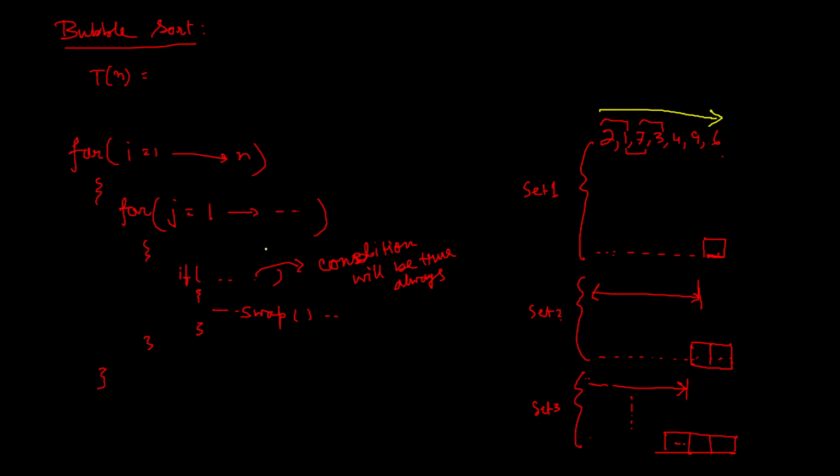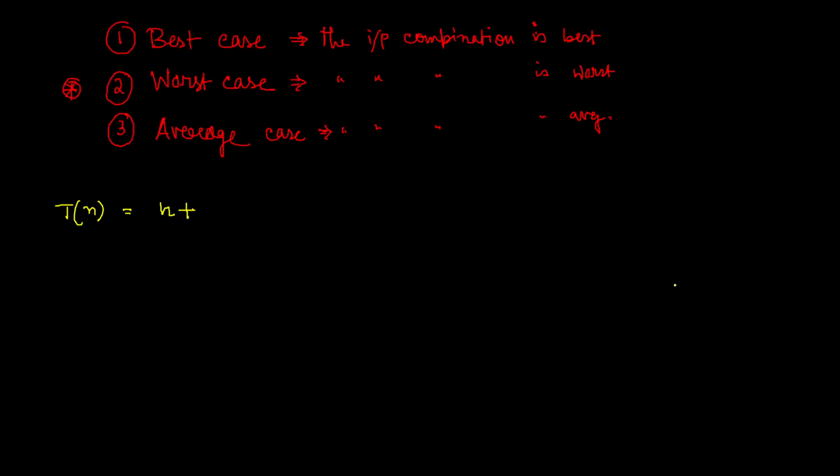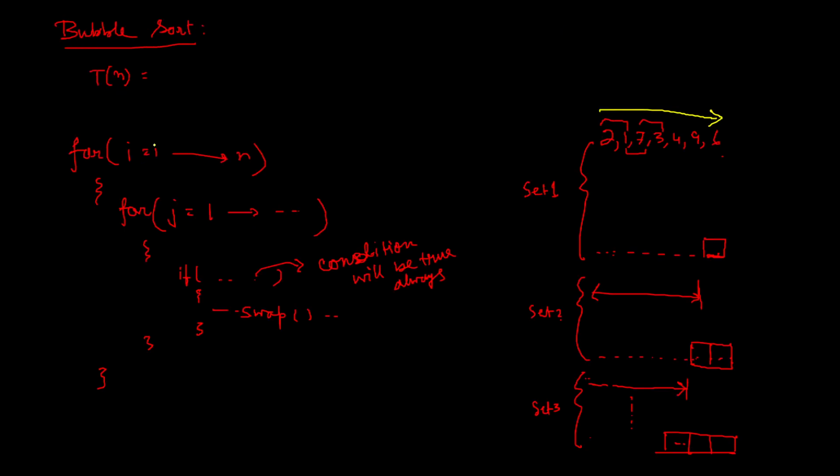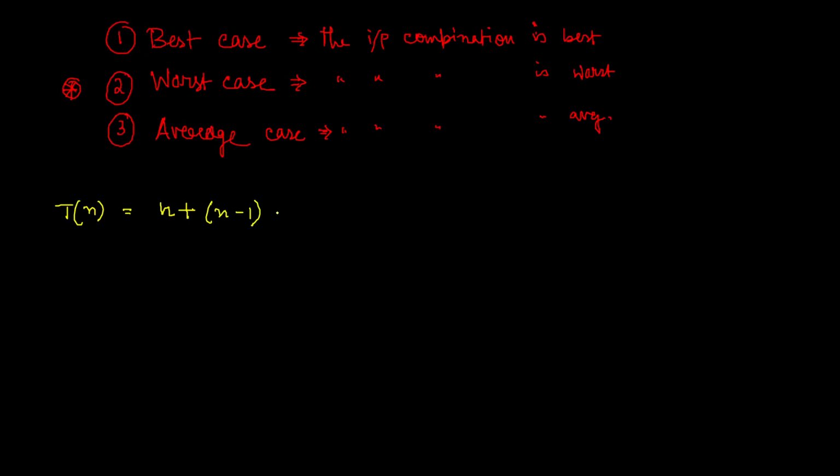Okay. What about for i equal to 2? When i becomes 2, we are going till the last but not the end. So here we have n minus 1 comparisons. For i equal to 3, we will have n minus 2 comparisons.